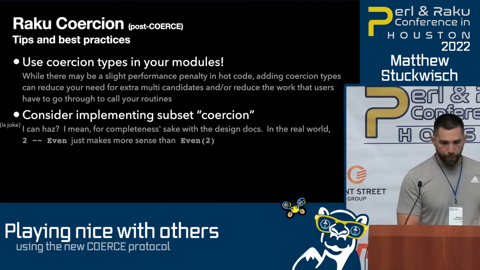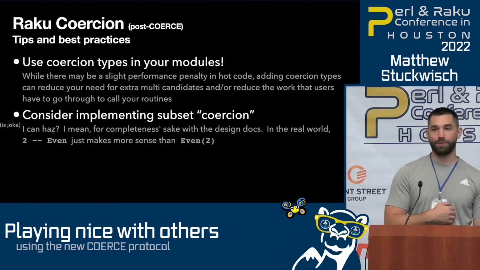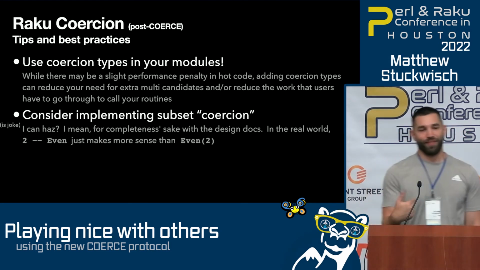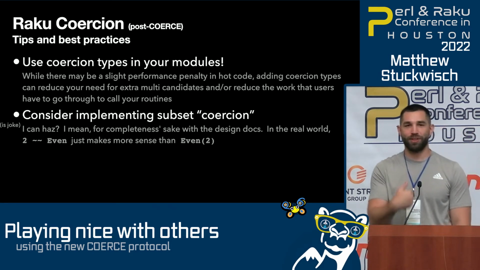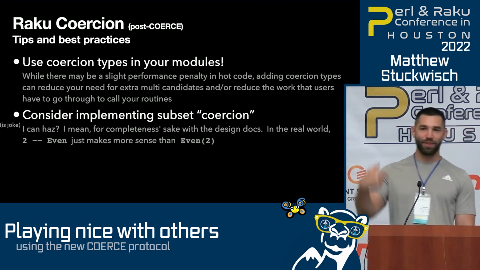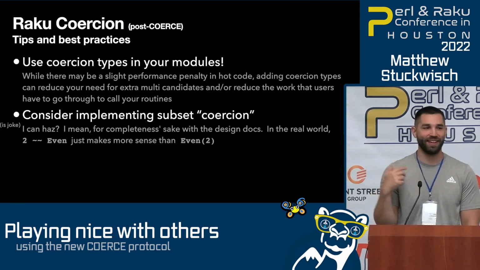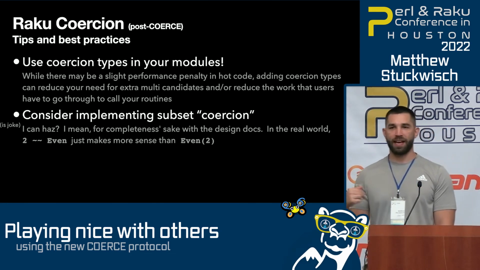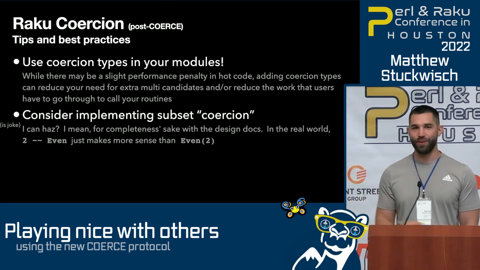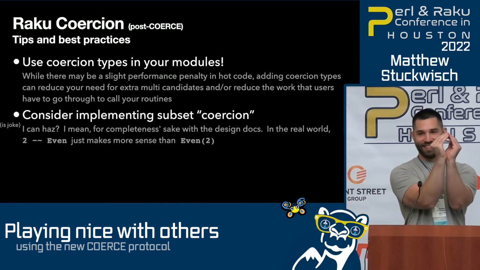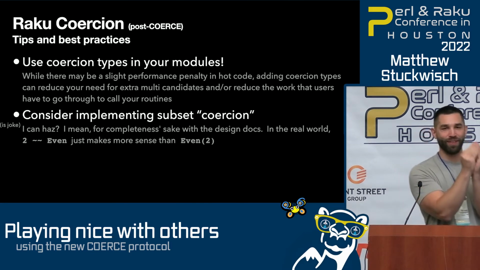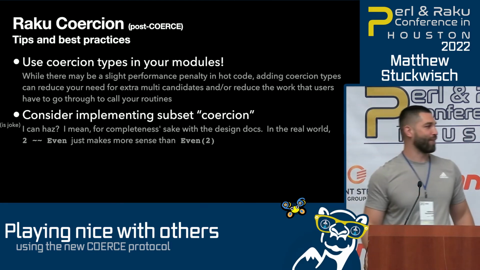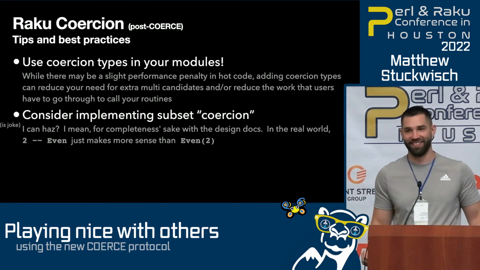And then use coercion types in your modules, right? Don't make me, the user of your module, have to do coercion manually. I'm lazy. If there's been any theme out of all three of my talks this week, it's that I don't like boilerplate. Don't make me type more than I need to. If you can just put two parentheses to save me from having to write a long class name dot new, some variable in whatever I'm passing, please do it.